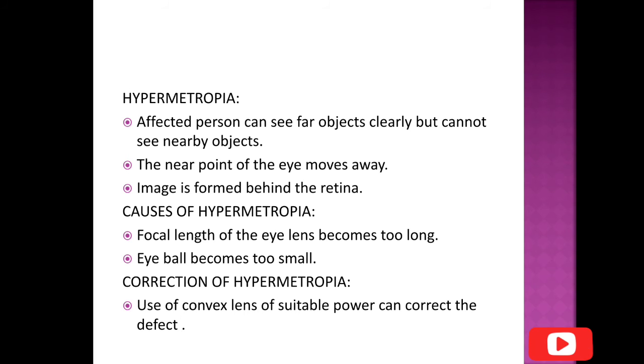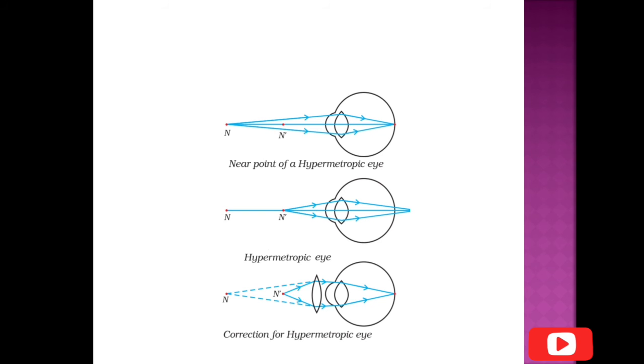In a person suffering from hypermetropia, the focal length of the eye lens becomes too long, and the eyeball becomes too small. This hypermetropia can be corrected by the use of a convex lens of suitable power. You can see here in the diagram how the image is formed in a person suffering from hypermetropia, and also how it is formed after using the convex lens.